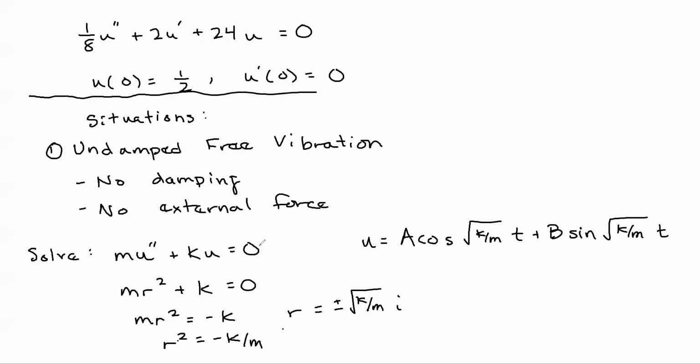So the motion of our mass on a spring is going to be governed by this cosine and sine. This is where things get a little bit strange. Assuming we have some initial conditions, you can use them to solve for A and B.